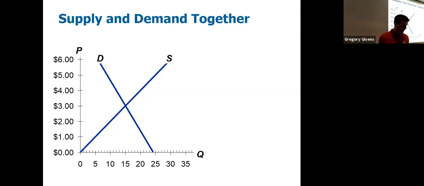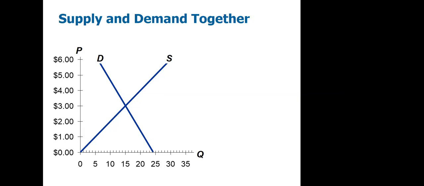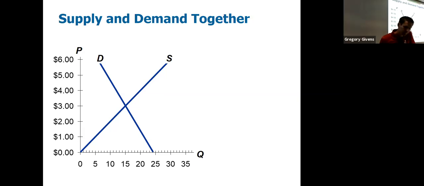So let's go ahead and, if there's no questions before we get started, let's just pick up where we left off last time. We finished our discussion of both supply and demand separately. And now we want to put these two concepts together so that we can talk about this thing called equilibrium. So the demand curve shows a relationship between price and quantity demanded for any particular good.